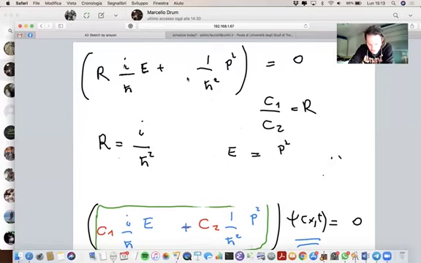So what I need here is to divide here by 1 over 2m.